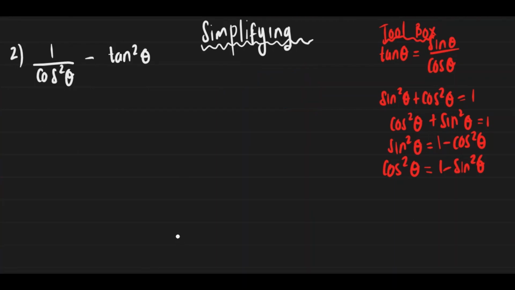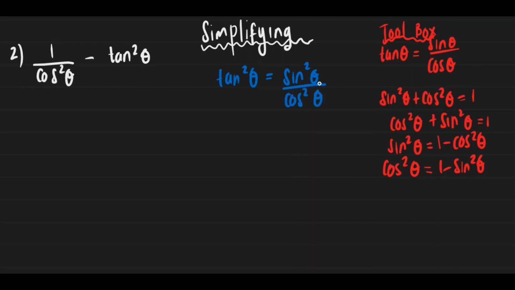Now looking at the second question. We have 1 over cos squared theta minus tan squared theta. We know we can change this one, but let's not look at it. Let's look at this one first. We again have tan squared theta, which we can change. We know that tan squared theta equals sine squared theta divided by cos squared theta.